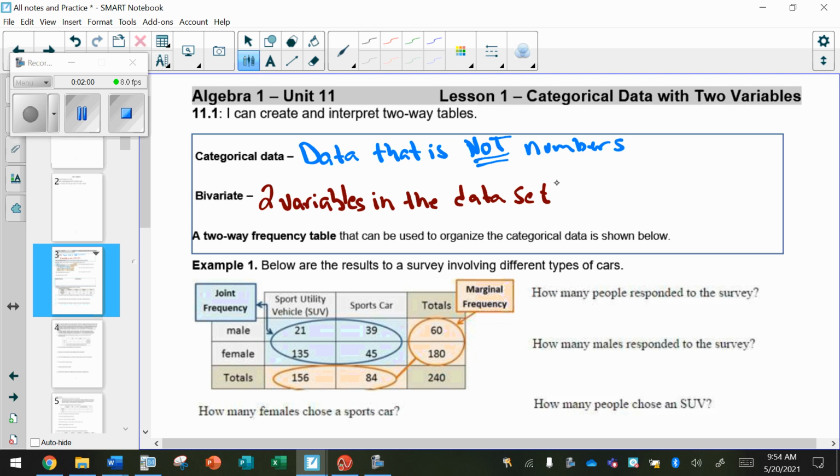So if you look at our first example, I'll explain how both of these things, the categorical data and the bivariate data, show up in our two-way frequency table. Our two-way frequency table means I have two categories. One category would be gender, and the other category would be vehicle type.